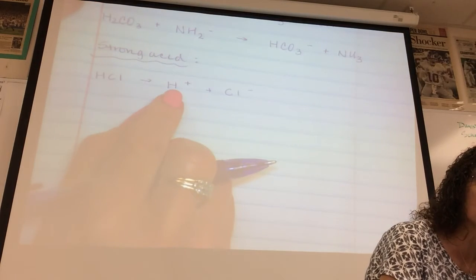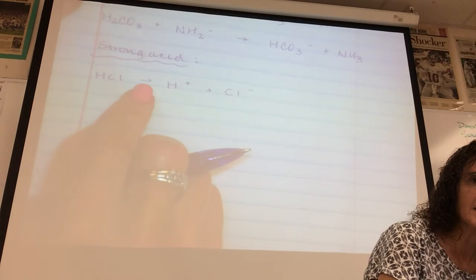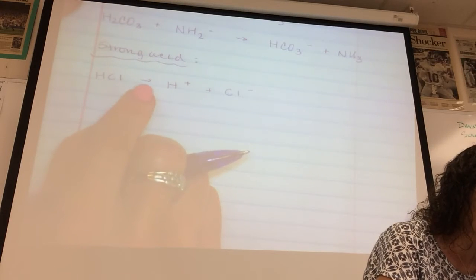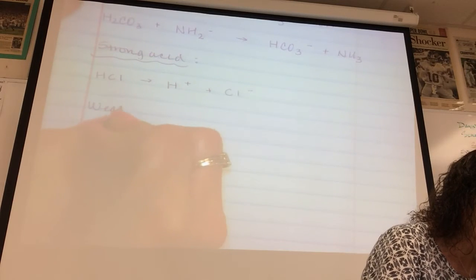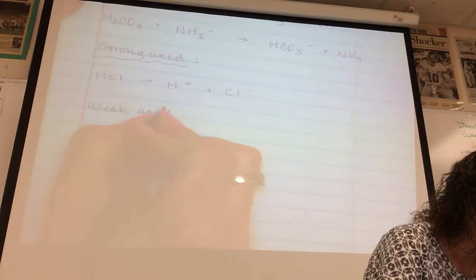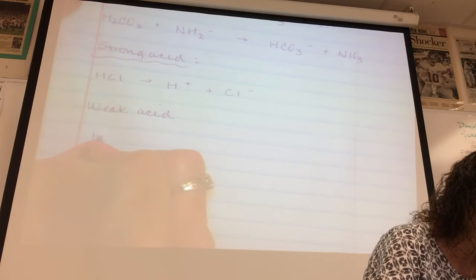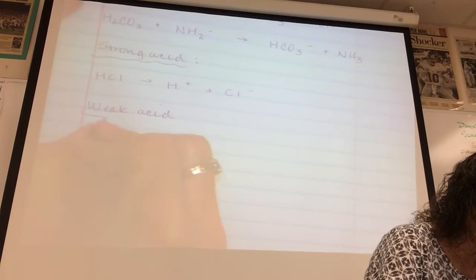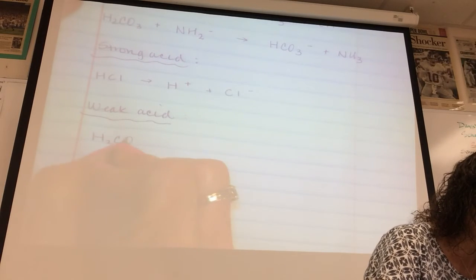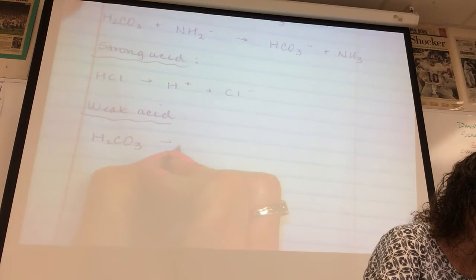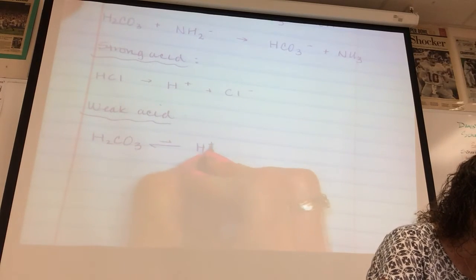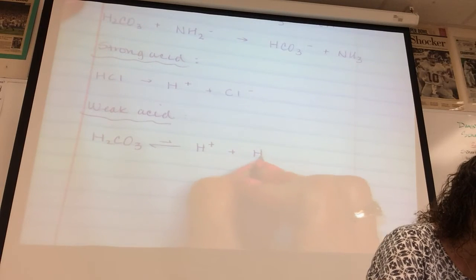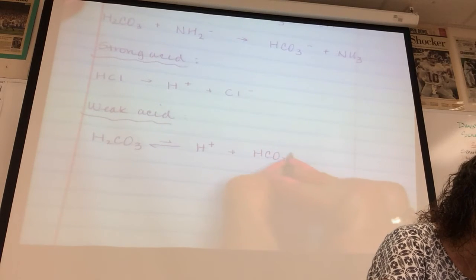Acids generate proton ions. It ionizes completely, shown by only the forward arrow. If you have a weak acid, this is an equilibrium reaction, like we talked about in the equilibrium chapter. Equilibrium actually lies far to the left, and you get proton and the bicarbonate ion.